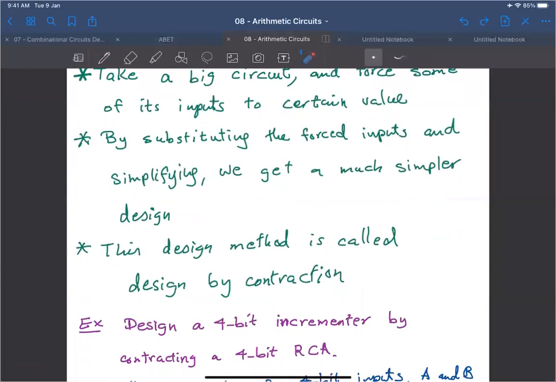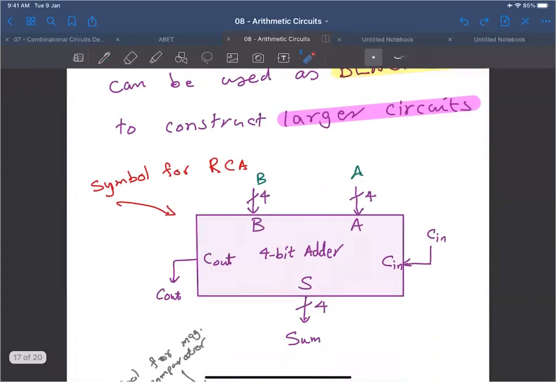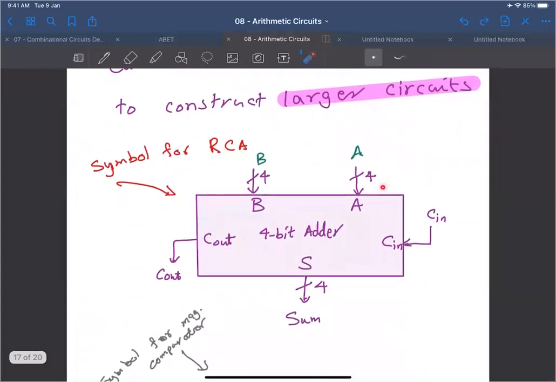We know that the ripple carry adder is this one here. To design an incrementer, if we have an input A and we would like to produce an output A plus 1, then what alternatives can we use?